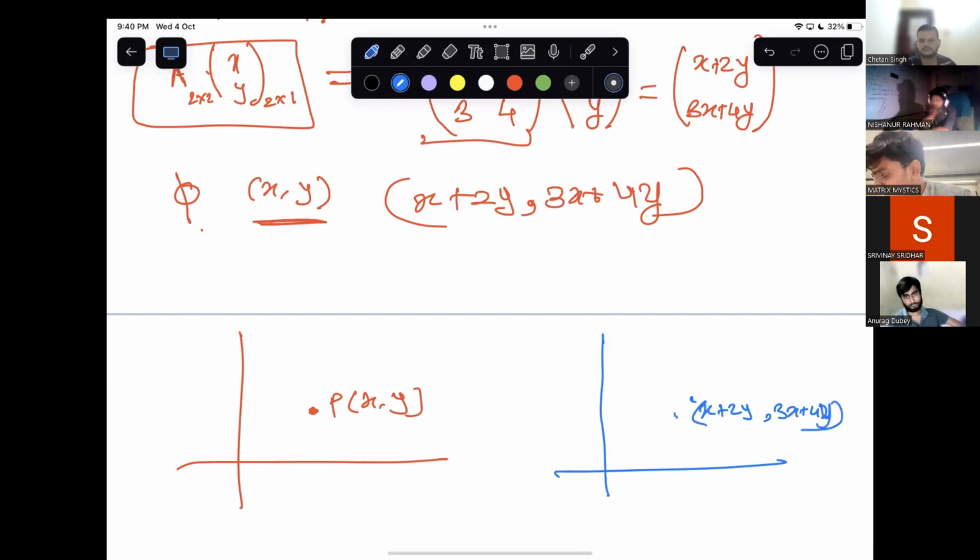So from here we can see the input and output of this function phi. We input x comma y and we get the output point x plus 2y comma 3x plus 4y.